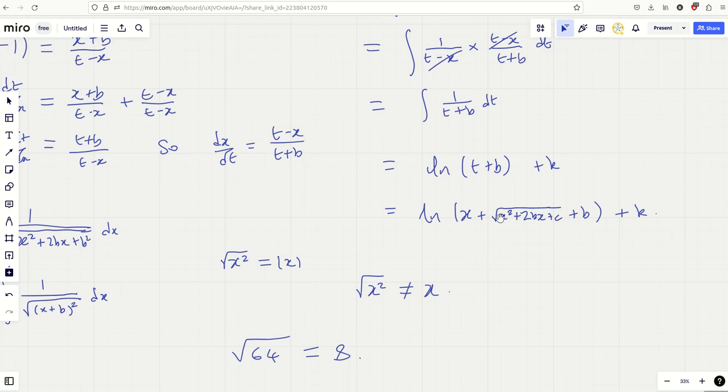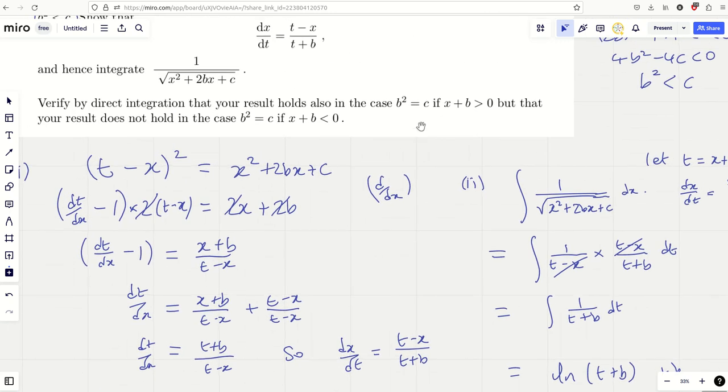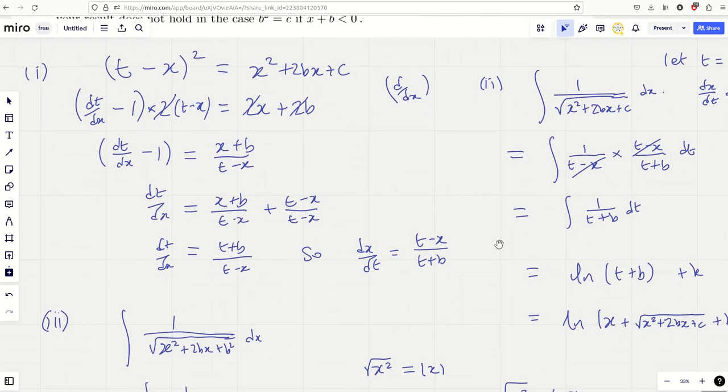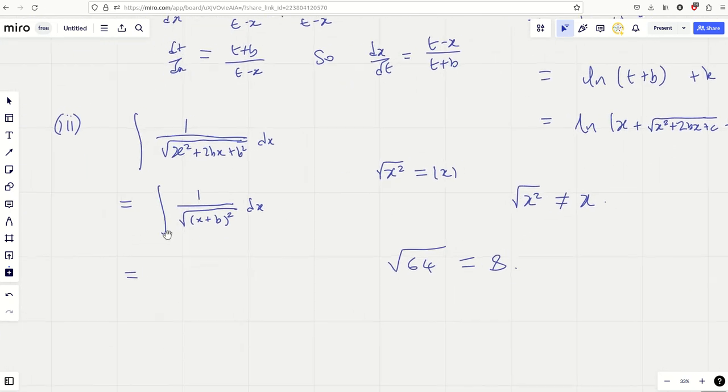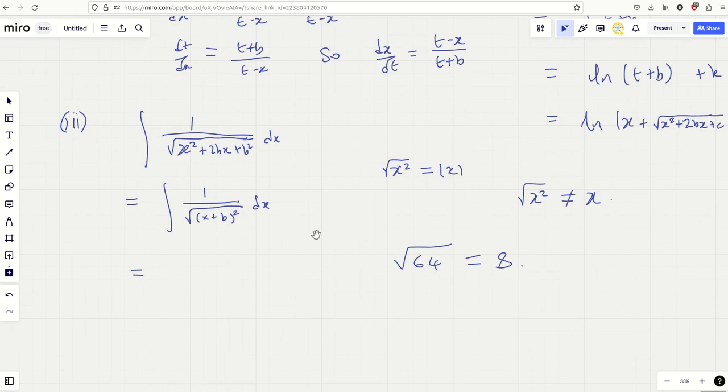If you see what I mean, that's the real problem here. We're going to be learning a negative number if x plus b is less than 0, because this basically is the same as like this, really. But yeah, you're just basically dealing with a different case. Okay, so we're basically integrating now 1 over the mod of x plus b. Yeah, that's what we've really got here.